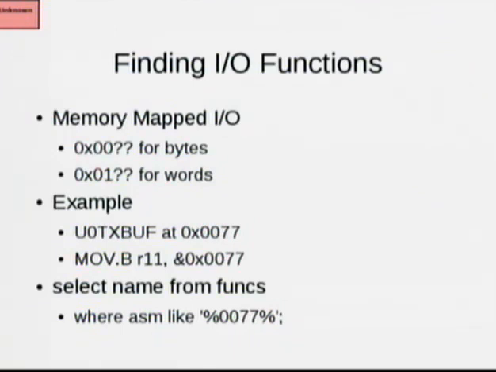And you can find particular functions very easily because I/O is mapped to a particular address. Your output buffer for the first serial port will always be at the same address. So if U0's transmit buffer is at 77 hex, and you see an instruction that says move the byte in R11 to 77 hex, you know that that instruction is writing an output byte.